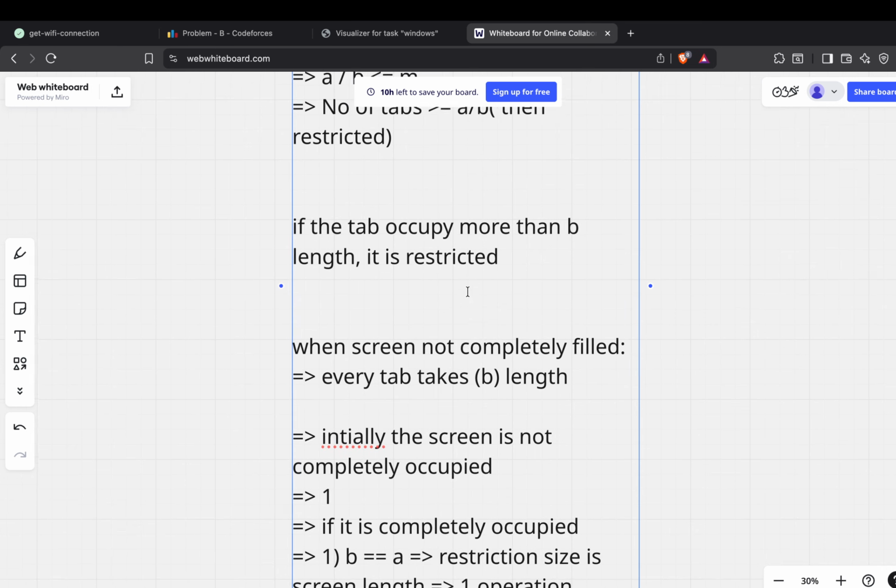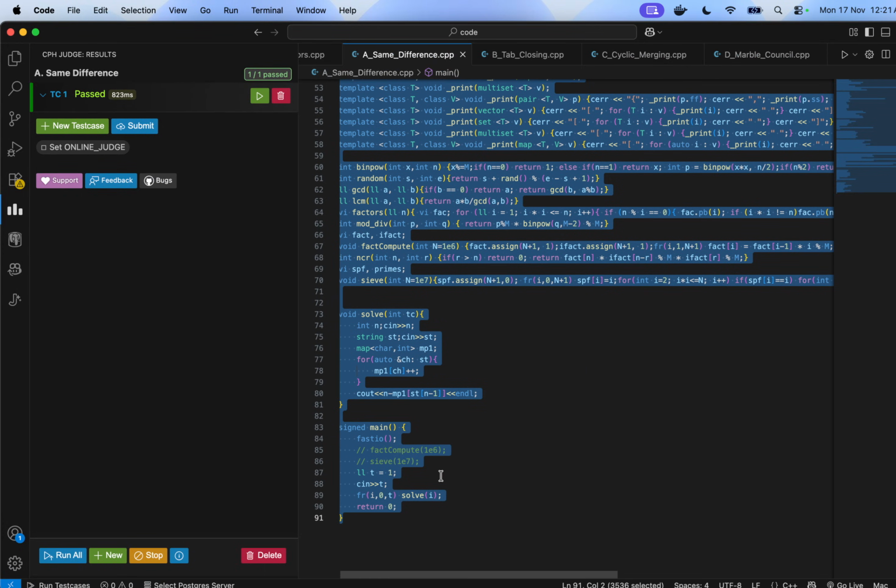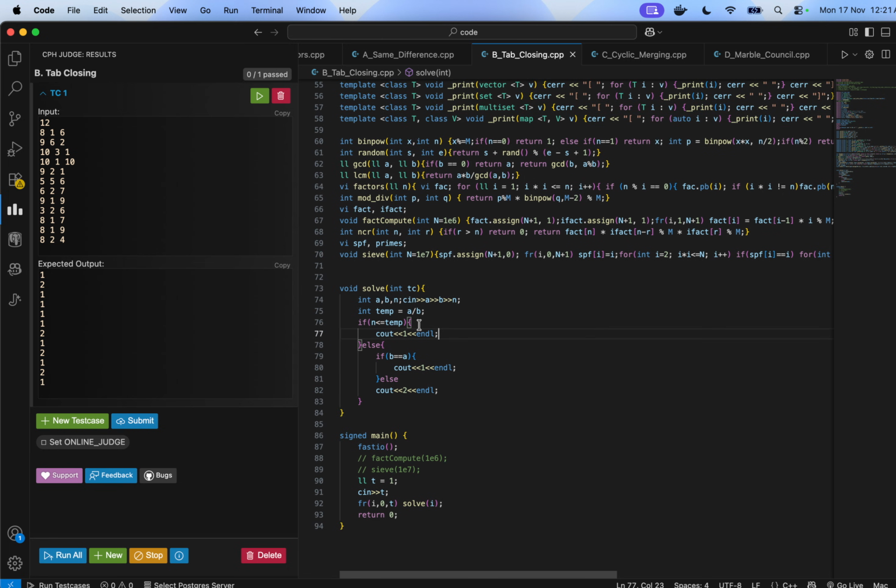Now write this in the form of code. Okay.